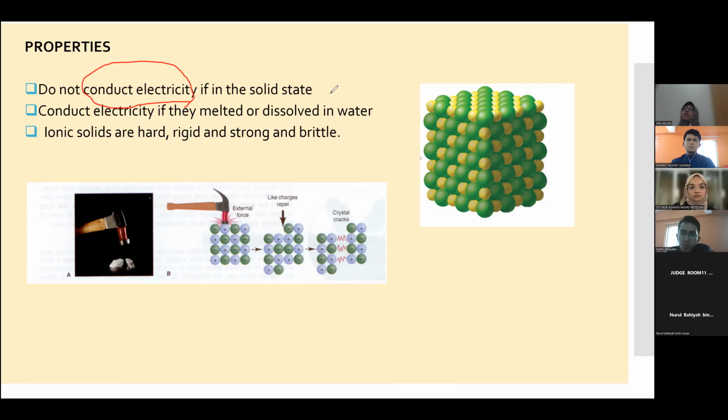If they are in the solid state, they do not conduct electricity. Why? Because when we talk about electricity, we talk about electrons, about charge, positive charge and negative charge. In the solid state, there are no free positive and negative charges.